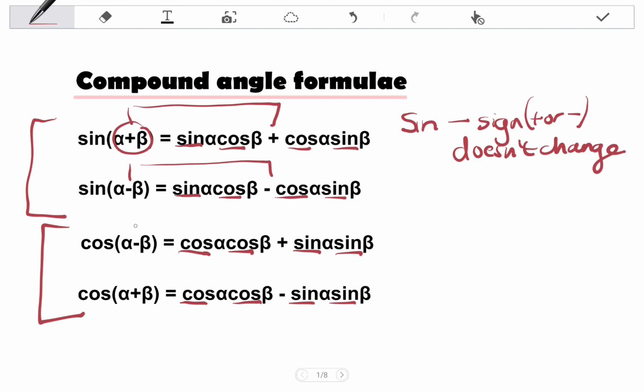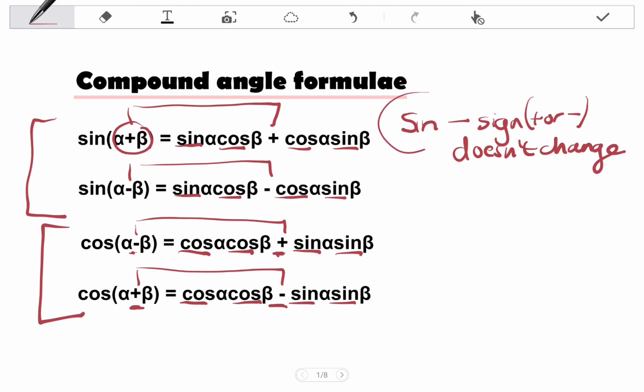If we now look at the signs, the plus and minus, notice that for the cos compound angle formulae, the signs are opposite. They change. So if I start with a minus in the bracket, I have a plus in the expanded form. If I have a plus in the bracket, I have a minus in the expanded form.